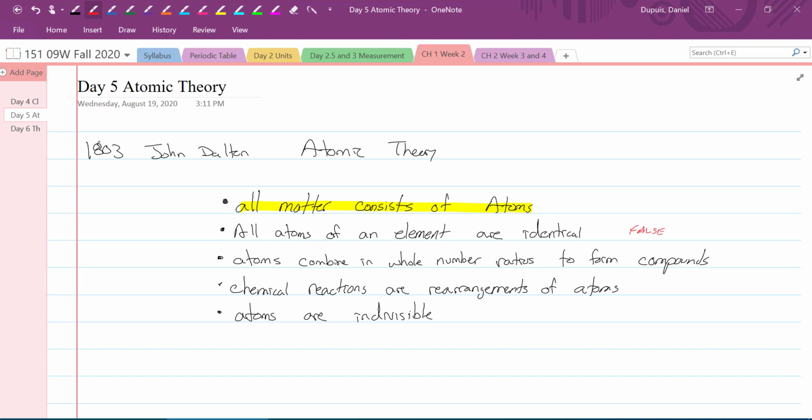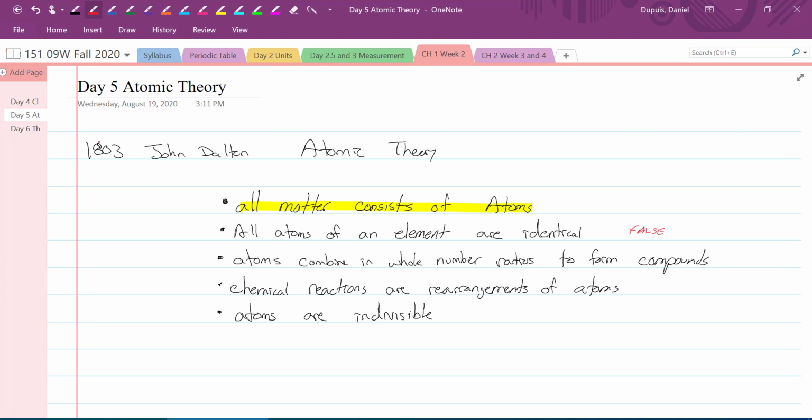And so, yeah, back then, kings, the government was trying to make lead into gold, and unfortunately, it sounds like most of the time they're pretty good at making gold into lead, not lead into gold. So, right? But we'll learn that all atoms of an element are not identical.